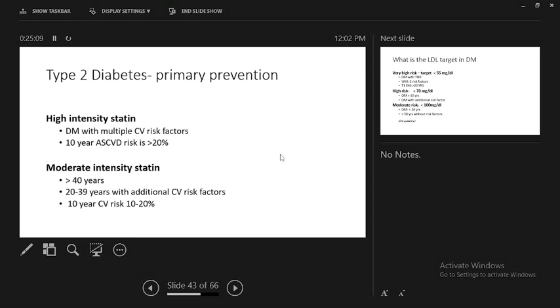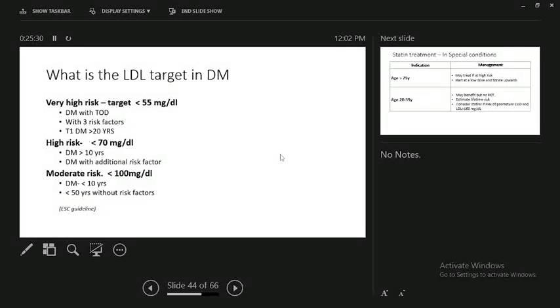A moderate intensity statin can be given to patients above 40 years, or even younger than 40 years if they have an additional cardiovascular risk factor, or if the 10-year cardiovascular risk is between 10 to 20%. Then you give a moderate intensity statin, atorvastatin 10 to 20 or rosuvastatin 5 to 10.